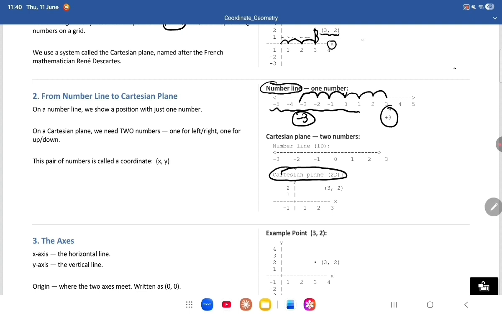So that's how we did 3, 2 here. Left or right, up or down, depends on whether it is negative or positive. If you go 2 steps down, then it means 0, -2.